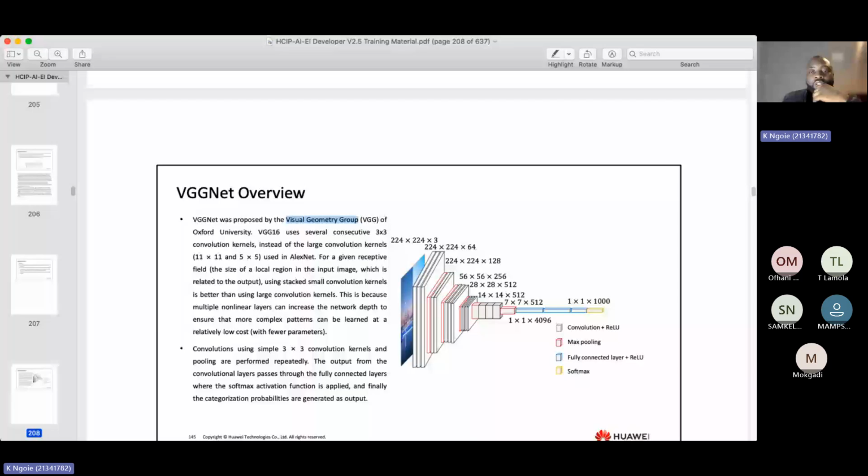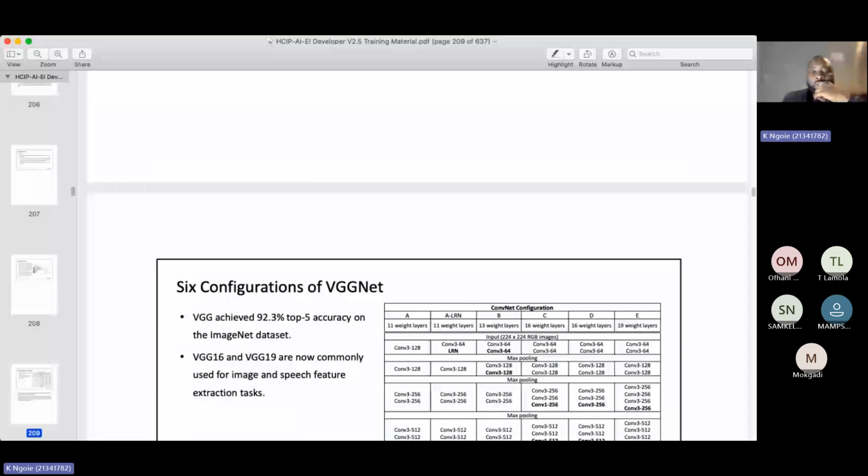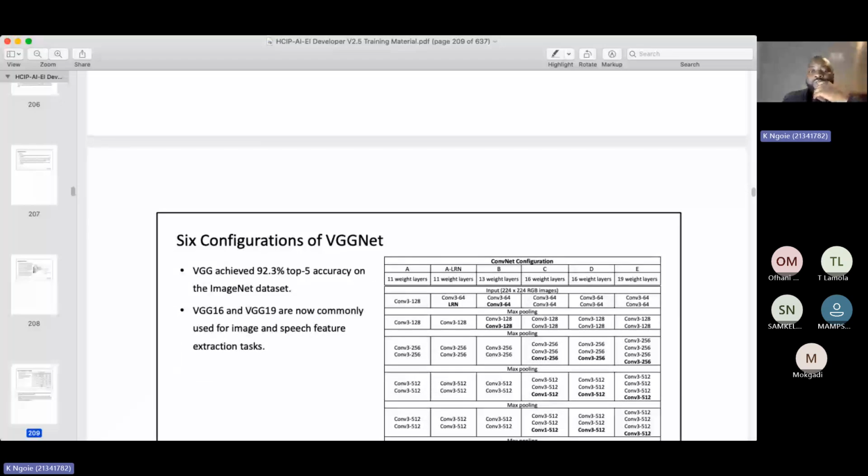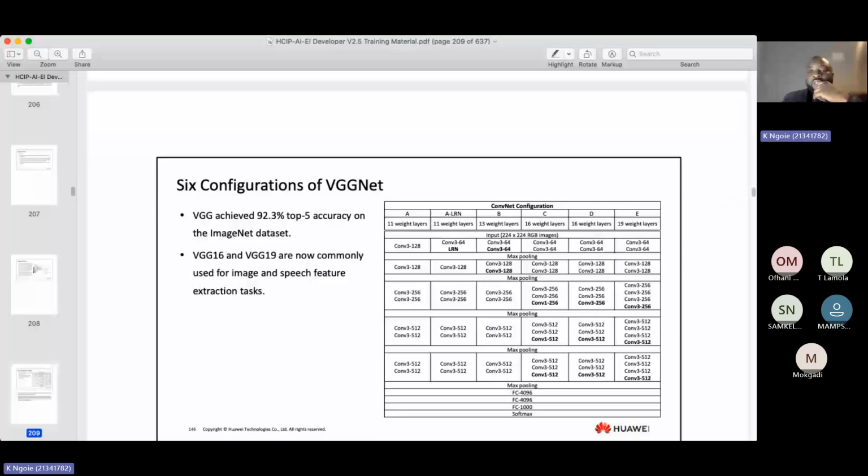When you look at AlexNet, it uses sizes such as 11 by 11, 5 by 5, but this one uses several consecutive 3 by 3. Okay, so these are just some configurations of the VGGNet.